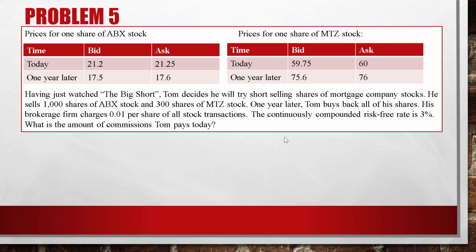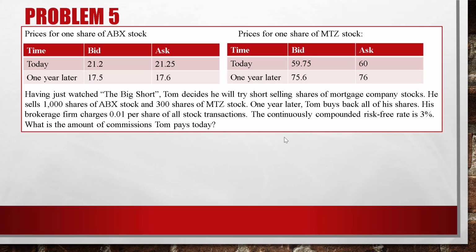What is the amount of commission Tom paid today? Okay, so basically Tom today, if you consider today, he sells 1,000 of ABX and 300 of MTZ.